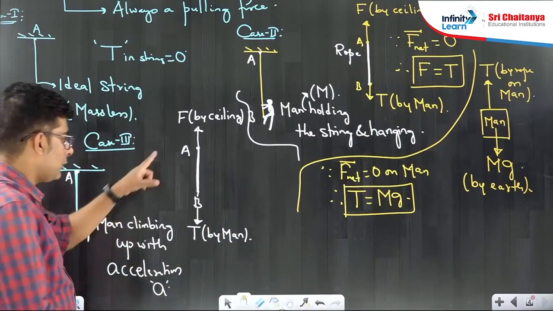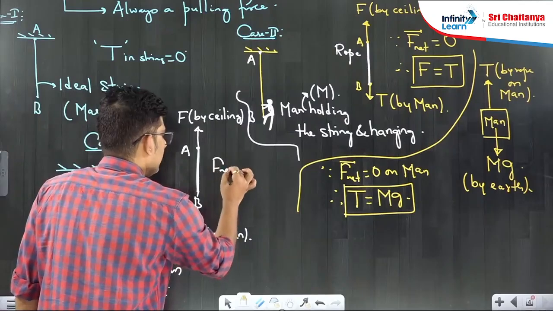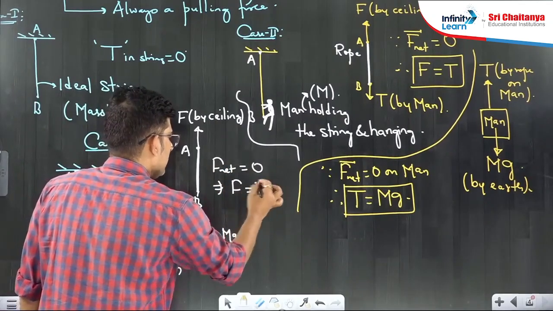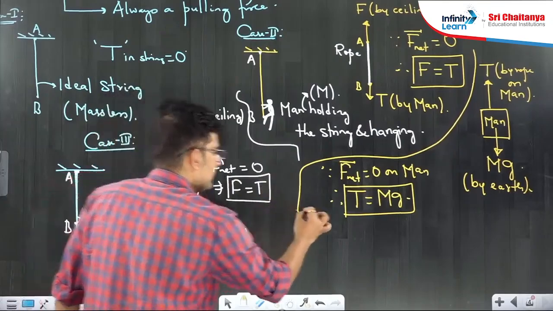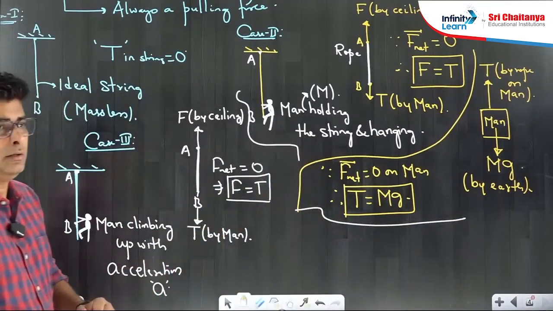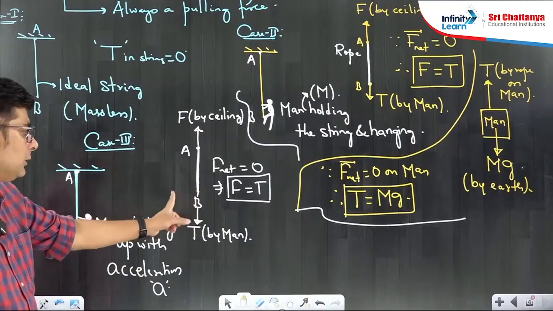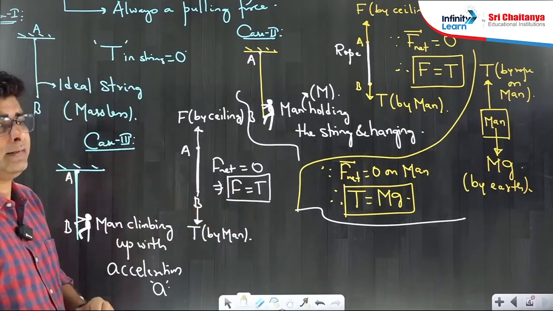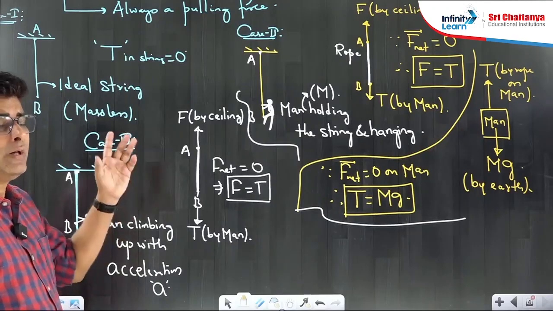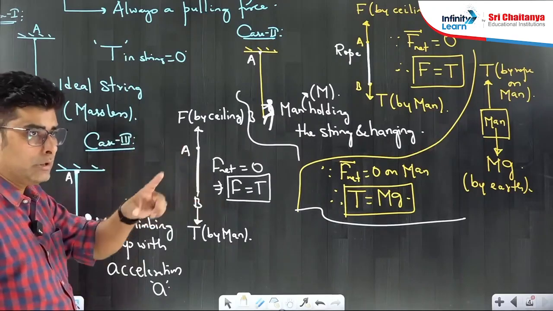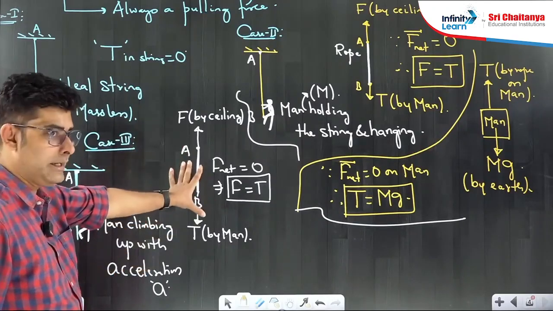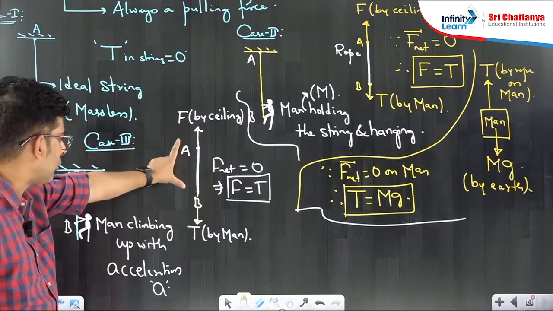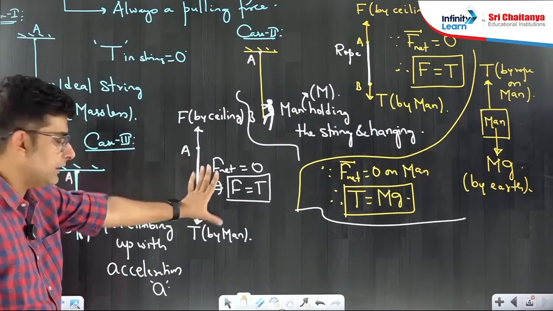Rope is massless, so again net force is 0 on the rope, so we will say F will be equal to T. Ceiling force is still equal to tension, but is the tension equal to mg in this case? So all those who were replying that no, tension is mg, they will see a change in the case here. Is tension equal to mg? F is equal to T, it is correct, because the rope is massless.